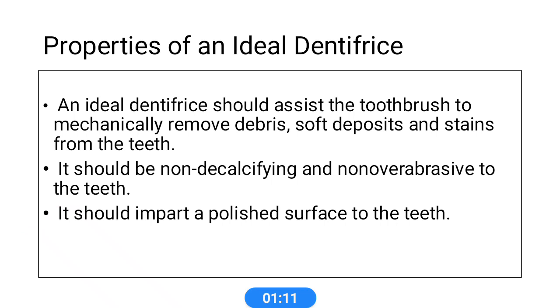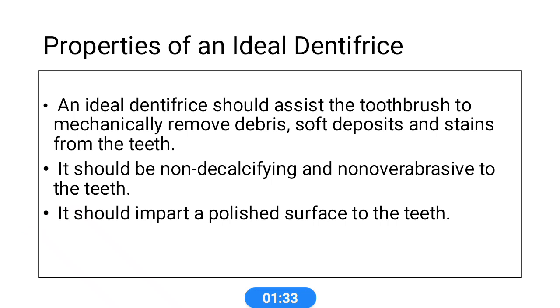These are some properties of an ideal dentifrice. An ideal dentifrice should assist the toothbrush to mechanically remove debris, soft deposits and stains from the teeth. It should be non-decalcifying and non-over-abrasive to the teeth. It should impart a polished surface to the teeth.